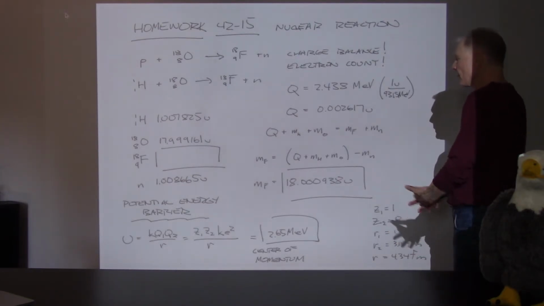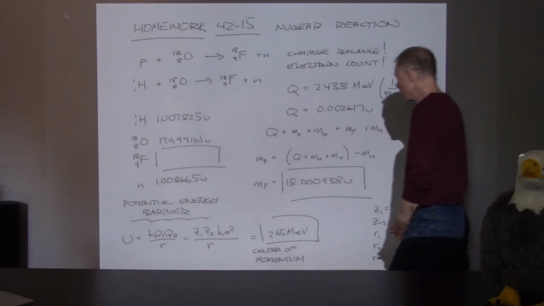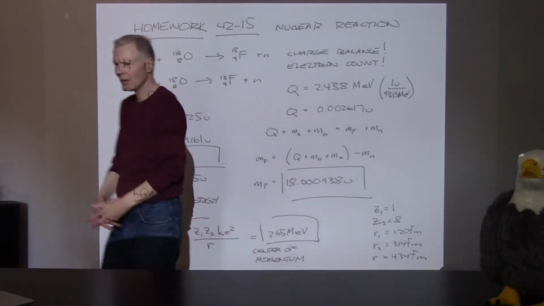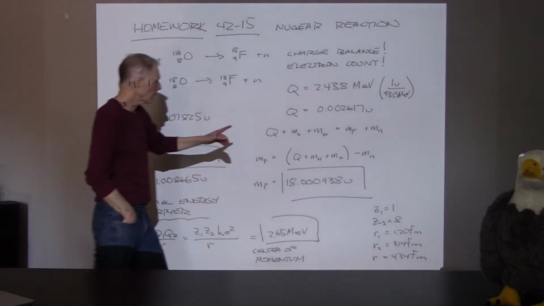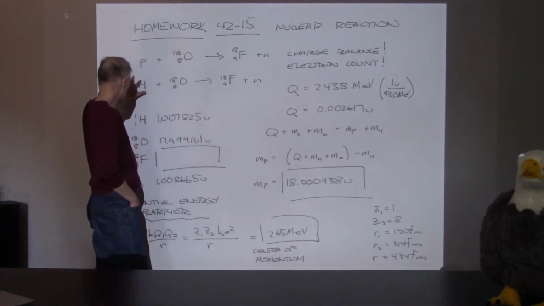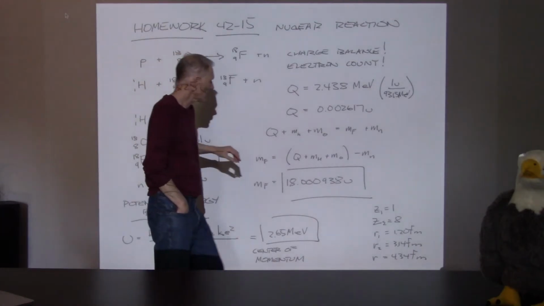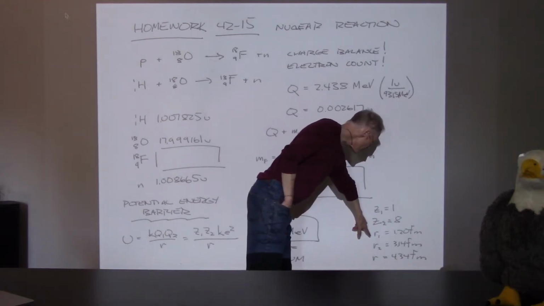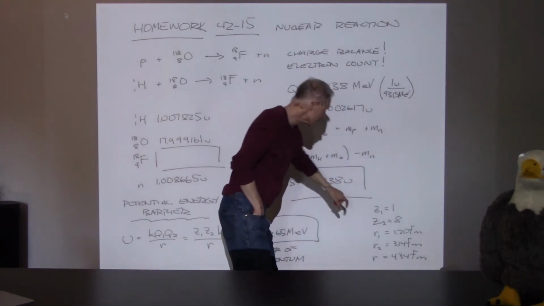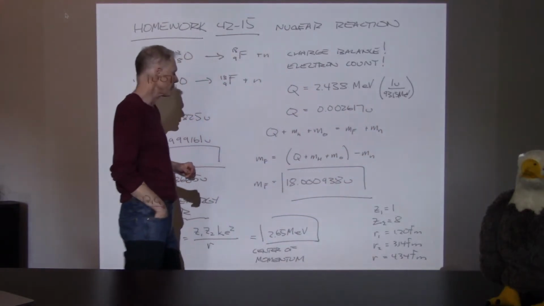Now, how does that compare with a potential energy barrier? I'm just going to use the estimate for the potential energy barrier. So for a hydrogen reacting with oxygen, I have Z's of 1 and 8. That gives me radiuses of 1.20 and 3.14.